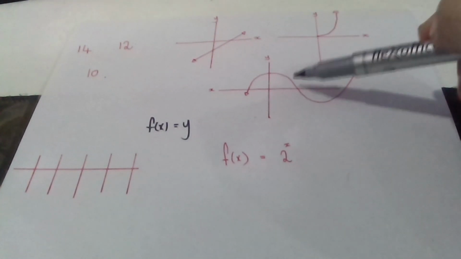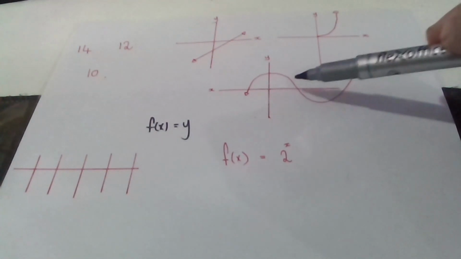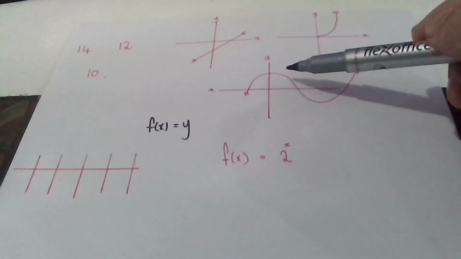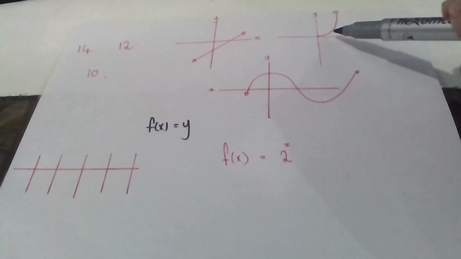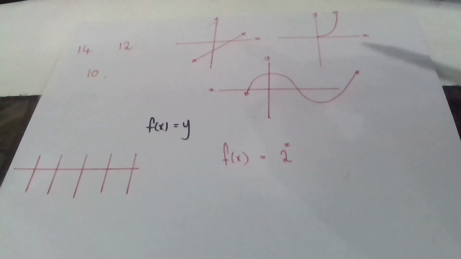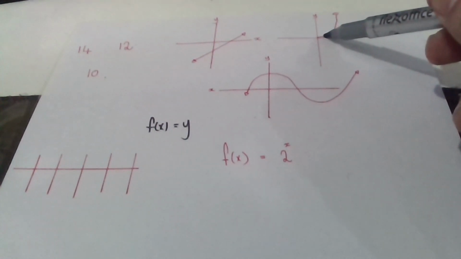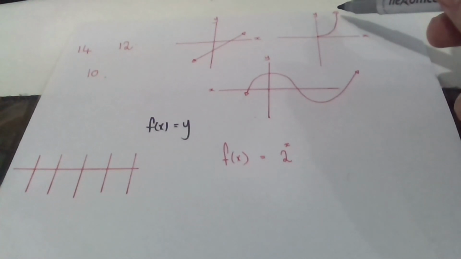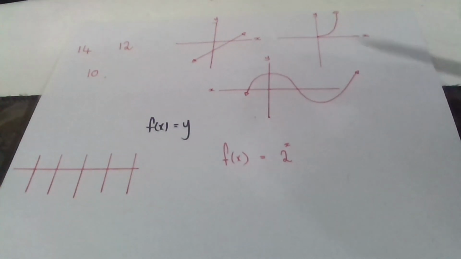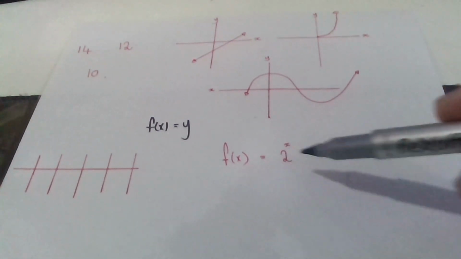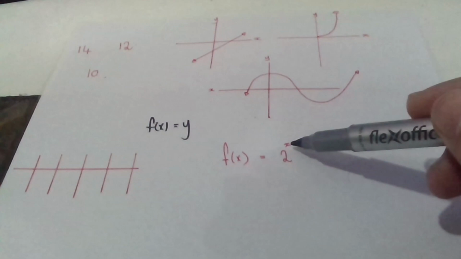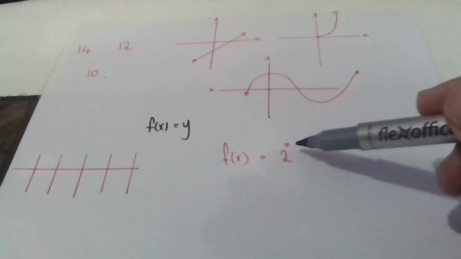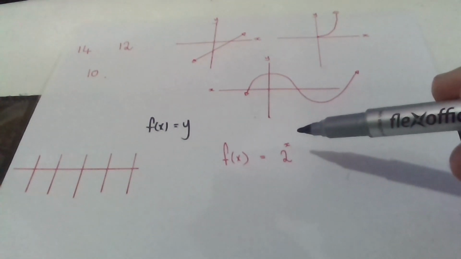This would be a sine graph, no coordinates, nothing. This one would be an exponential function because it starts off very small and then all of a sudden shoots up. Now, they might give you the function f of x equals 2 to the power of x.